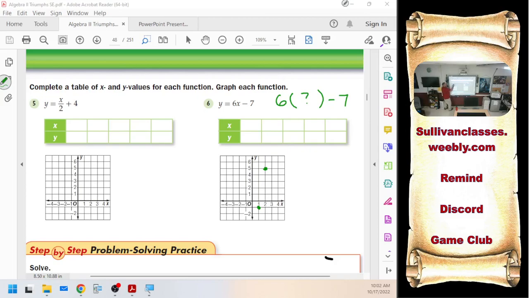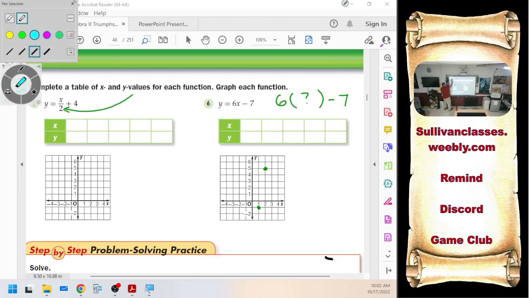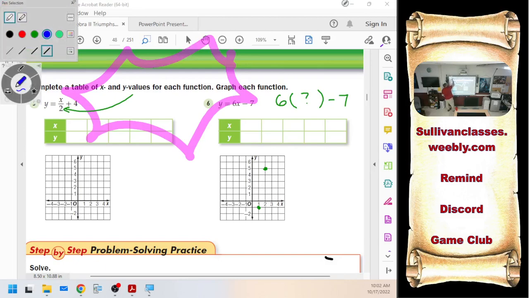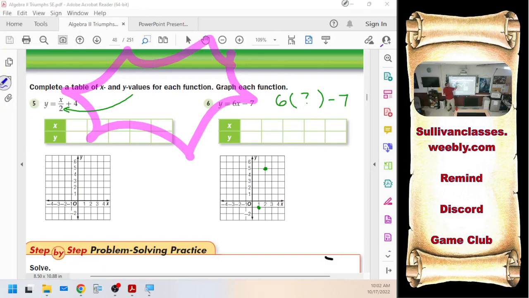So, did you write a big honking note to yourself, like, shove this in highlighter, it's that important, that if you have to choose numbers for x, choose numbers that are multiples of the denominator.